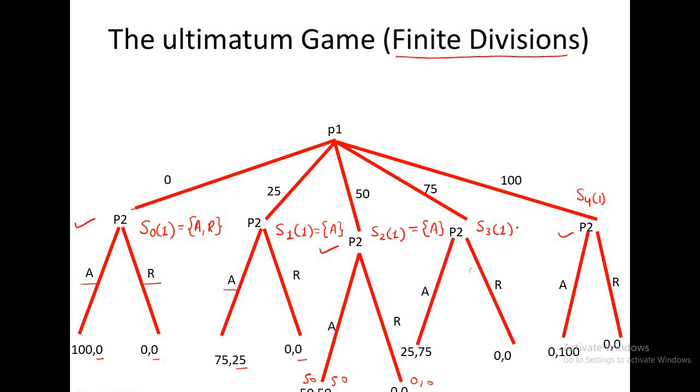Now we will solve S31. Again in this subgame we have two actions, A and R. If player P2 accepts, then he will get 75. If he rejects, he will get 0. So which one is best? 75 is best, right? Means accept. Now we talk about this subgame, S41. Again in this subgame accept is the output, right?